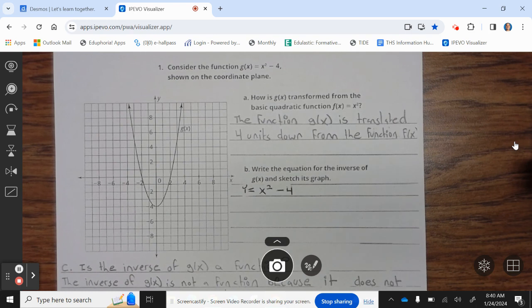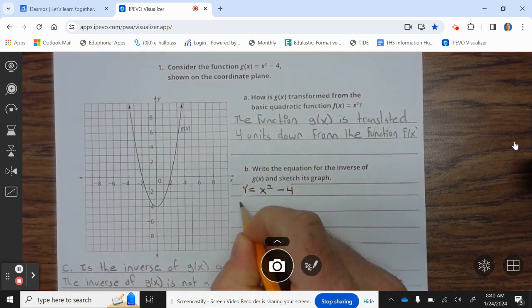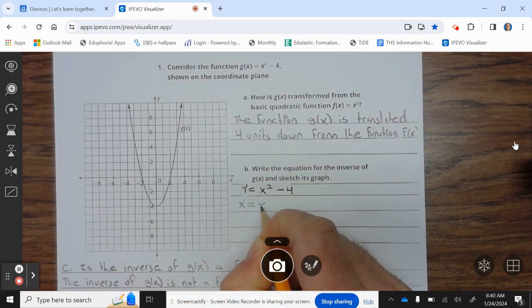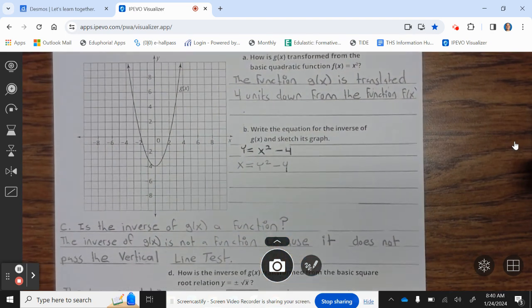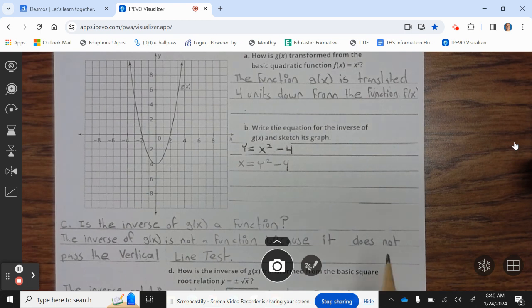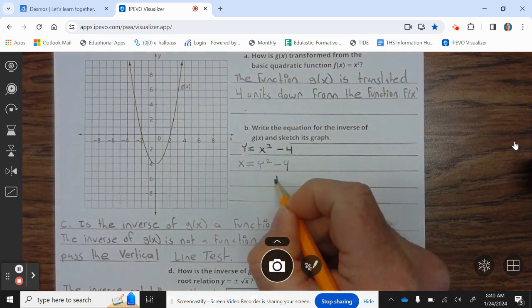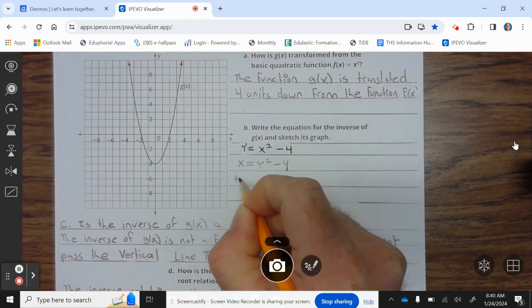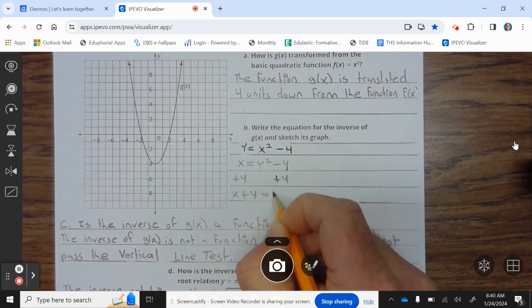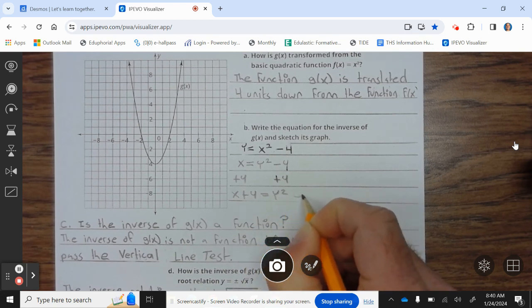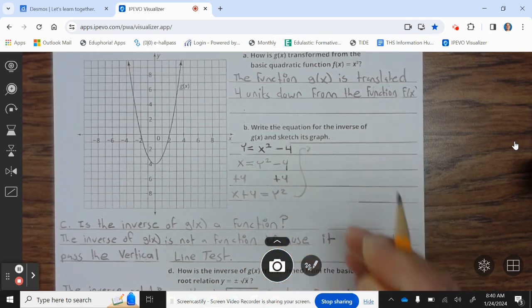Okay, so to find the inverse, first step is to switch x and y. So x equals y squared minus 4. Okay, now we're going to resolve for y. So we're going to add 4 to both sides. We get x plus 4 equals y squared. Run out of room, so let's come over here.